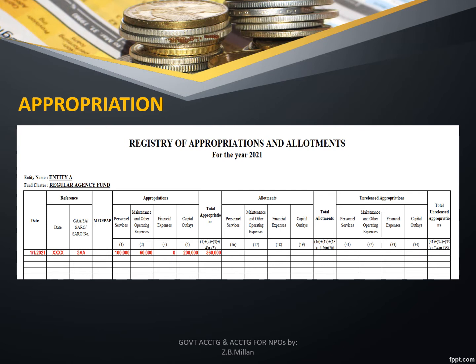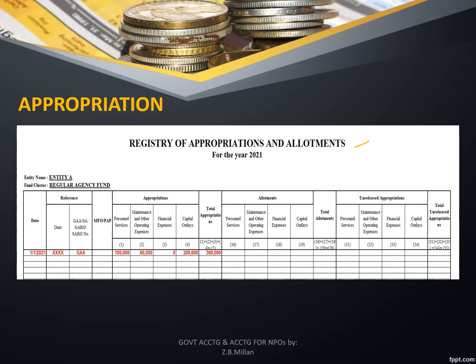So how do we record this receipt of appropriation? First, this receipt of appropriation will be recorded in our RAPAL or the Registry of Appropriations and Allotment, which is used to monitor that our allotment will not exceed the appropriation.